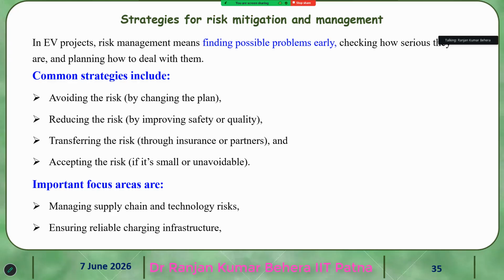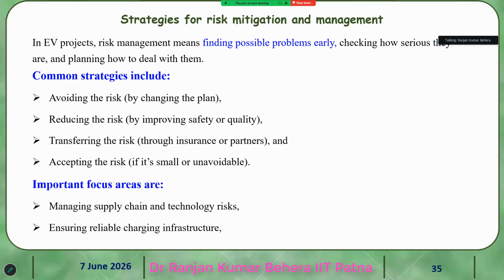Commonly, avoid the risk by changing the plan, reduce the risk by improving safety or quality, transfer risk through insurance or partners, and accept the risk if it is small or unavoidable. So these are the common strategies for mitigation of the risk.